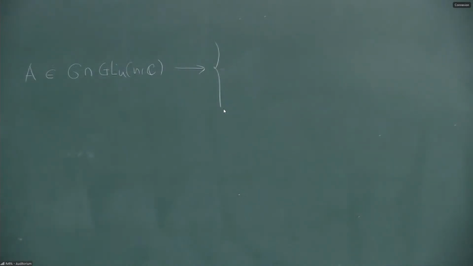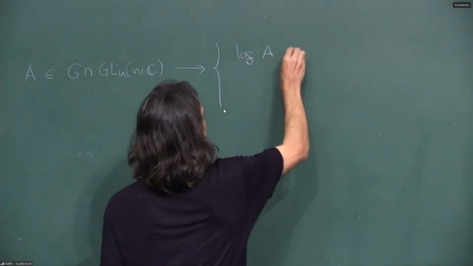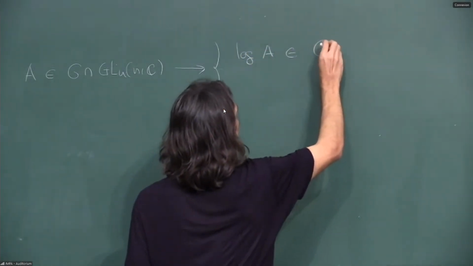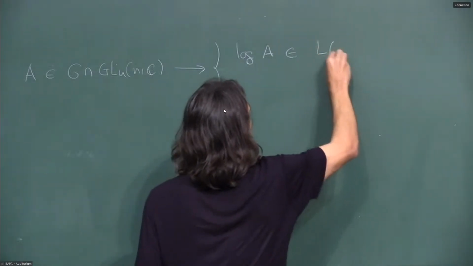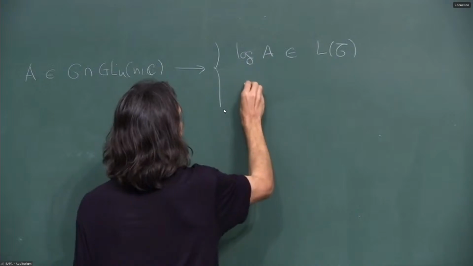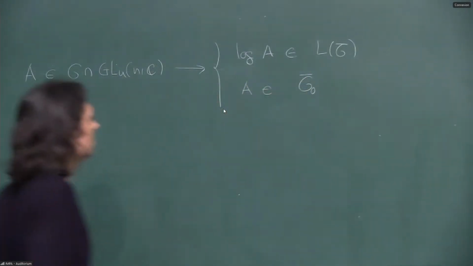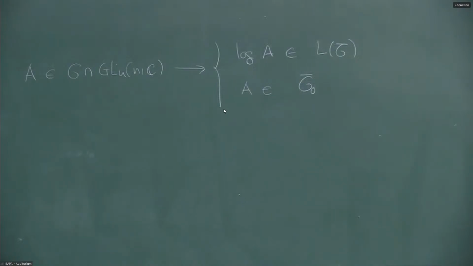What you have is that its infinitesimal generator is always contained in the Lie algebra of the closure of G, and indeed A is in the connected component of the identity. That's not difficult.